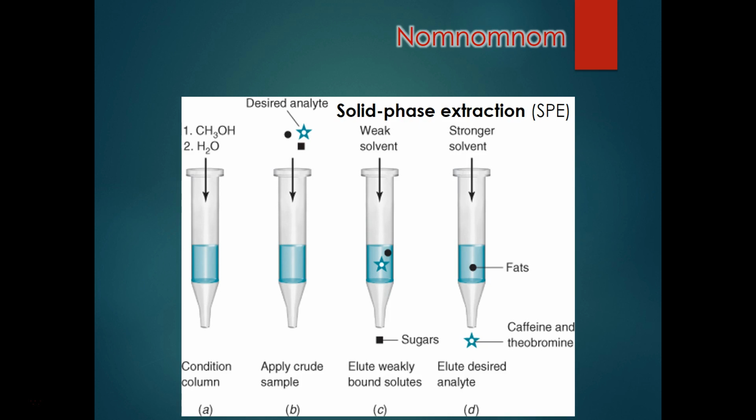That's a little bit of a close up of the step we just did. So remember that little filter, the little spin filter? This is kind of a really blown up version of that. It's another filtering phase because again, you don't want any of that solid matter to somehow get onto your column. It'll totally gunk up all the lines and then it will change the pressure. Remember, you're going to be using a high performance instrument.